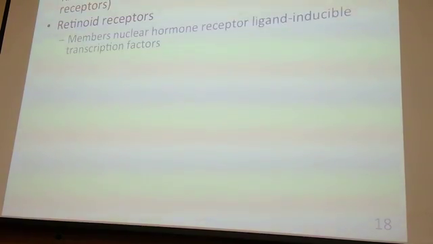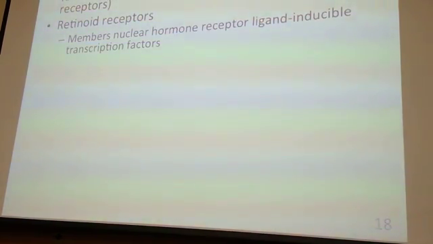Retinoic acid, abbreviated RA, activates specific transcription factors, which are referred to as retinoid receptors. These come in a few different flavors. They're all members of the nuclear hormone receptor ligand-inducible transcription factors.